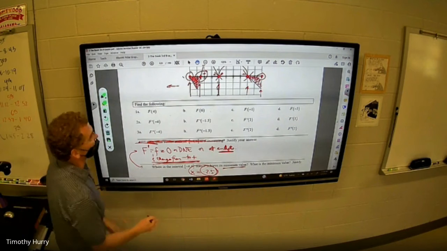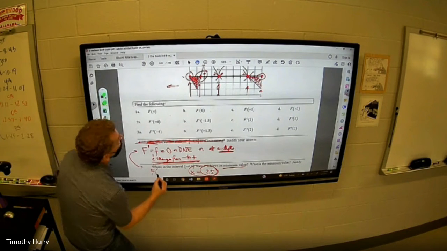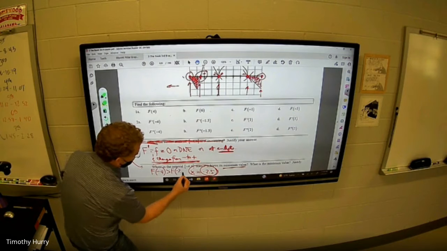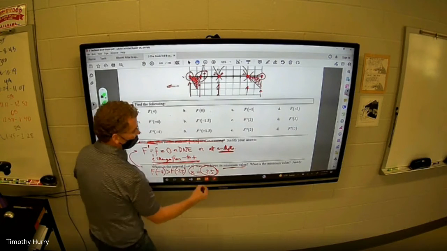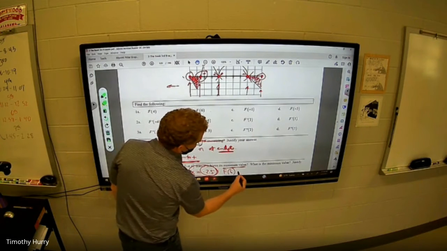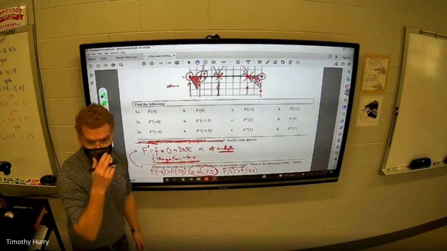Now you could always say that big F of negative 4 is greater than the big F at negative 2.5. And you could say also the big F at 6 was greater than the big F at negative 2.5. You can make that statement if you wanted to.